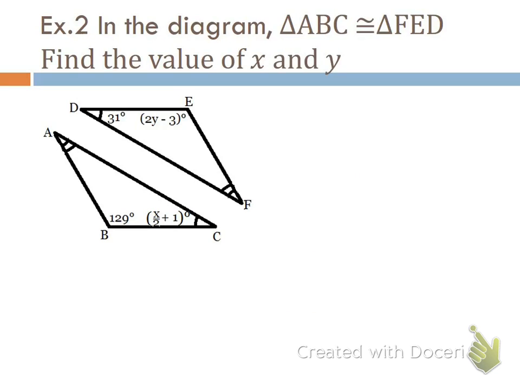All right, in this one, they are telling us that triangle ABC is congruent to triangle FED, and we are asked to find the value of x and y. It might be helpful for us to list out some of our congruent angles, or you could just look in the diagram and see that some of them are congruent.